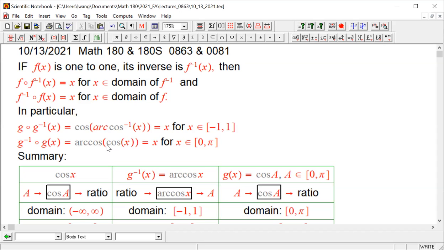Because this G is still addressing just cosine. When we specify where X is from, we are actually pointing to this function. But you don't have to be aware of this function, as long as you know you're taking a piece of it.